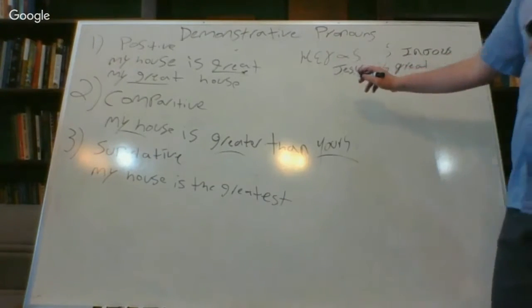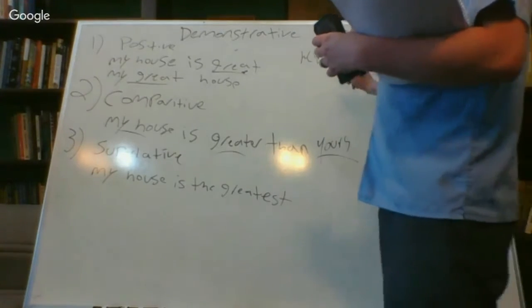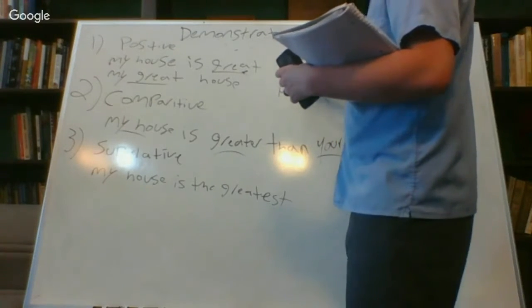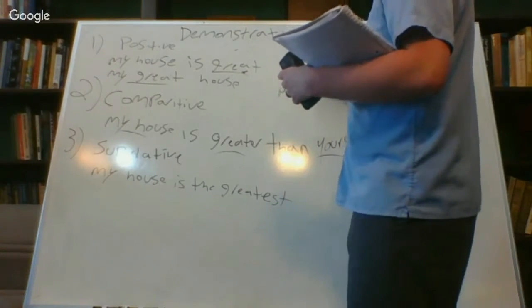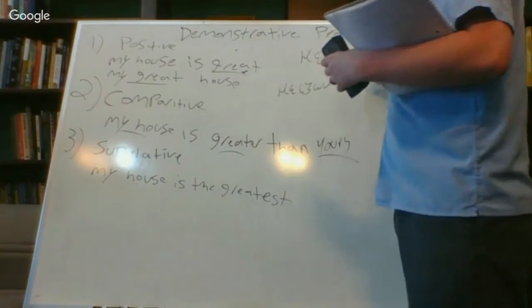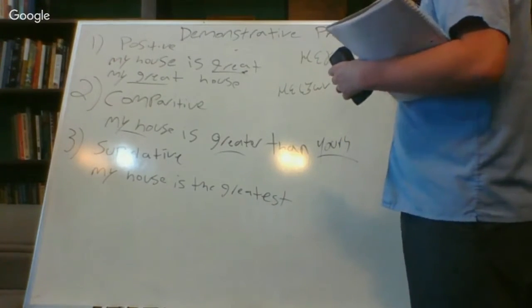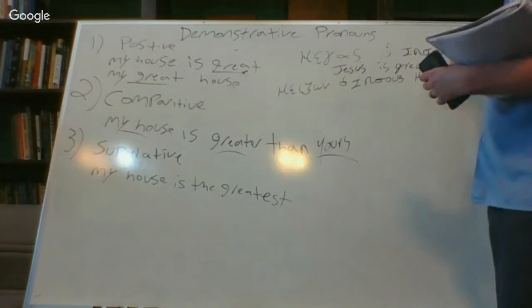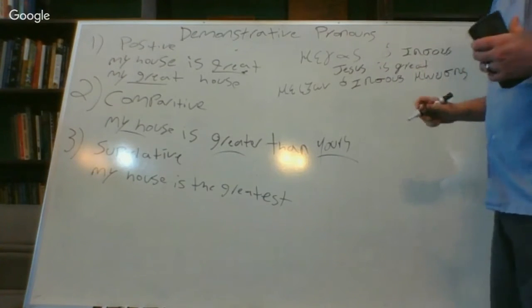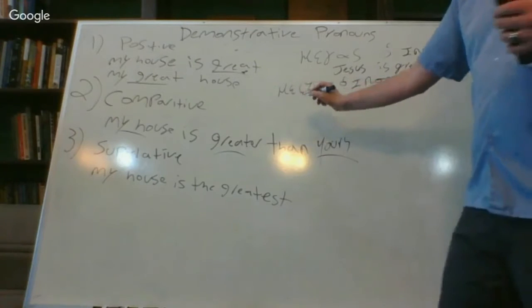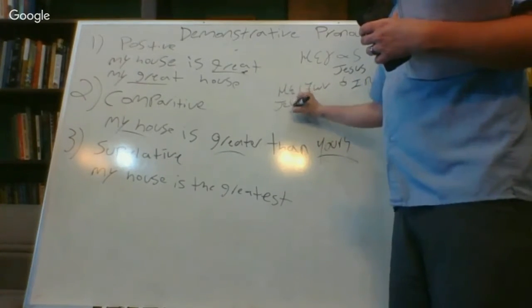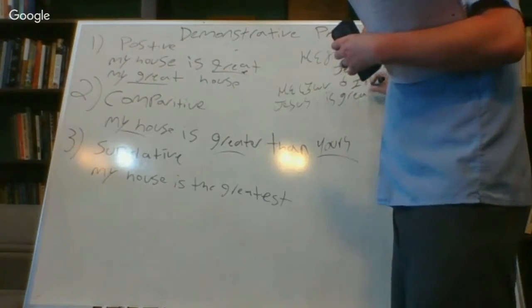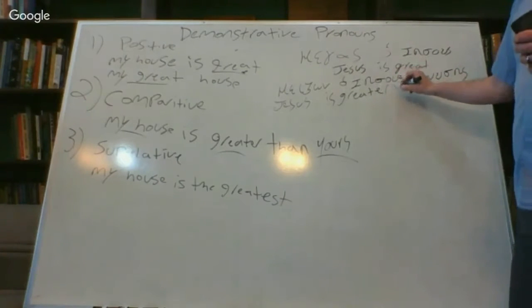And then in the comparative, we could say meizon ho Iesous Moses. This one is basically saying Jesus is greater than Moses.